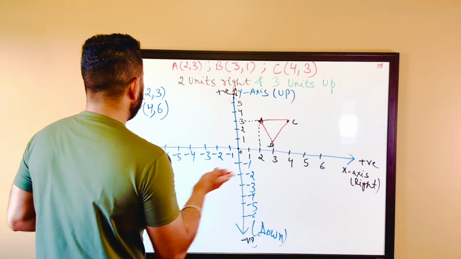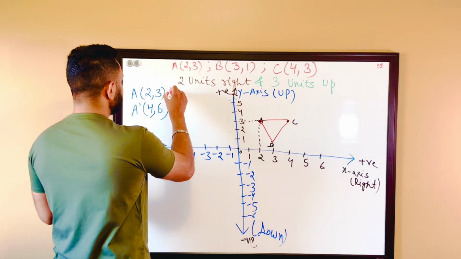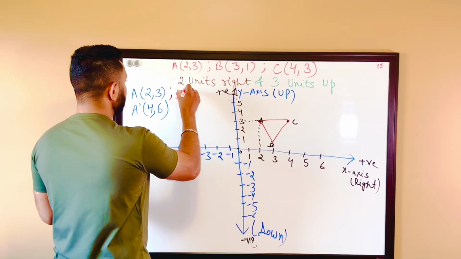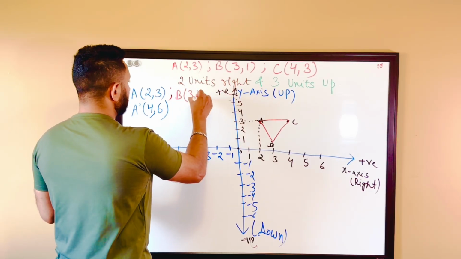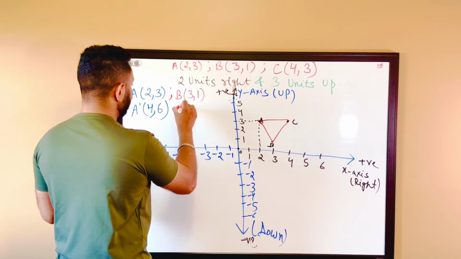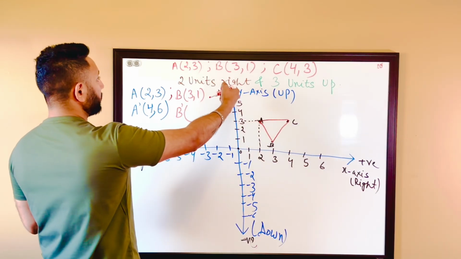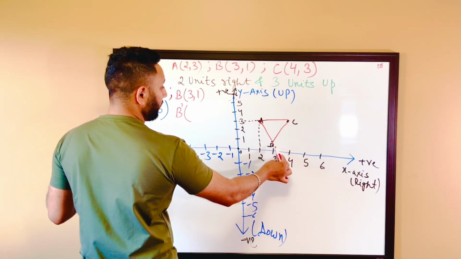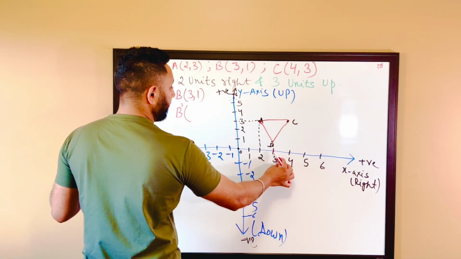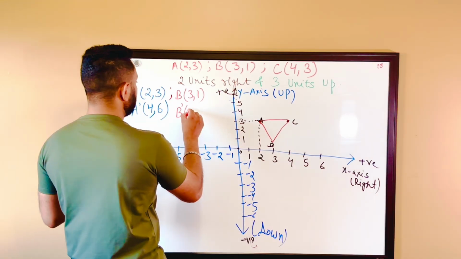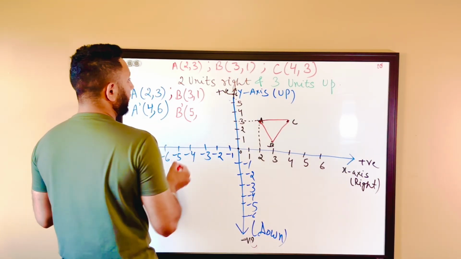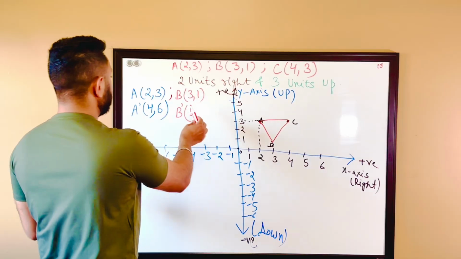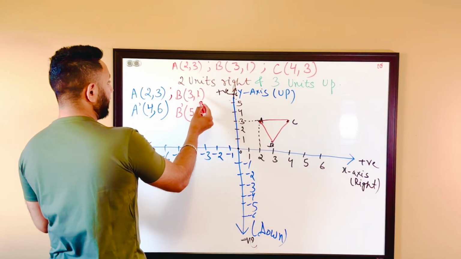Same with point B. After translation, 2 units to the right. So here's B, 2 units to the right, that means 5. And 3 units up, that means 4.